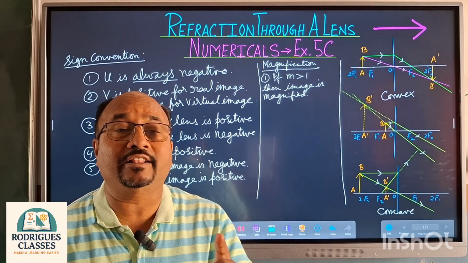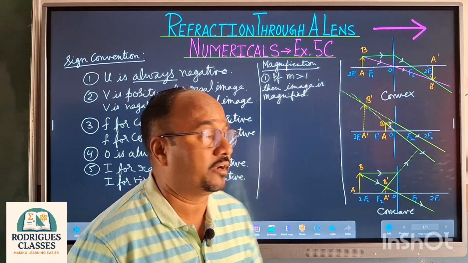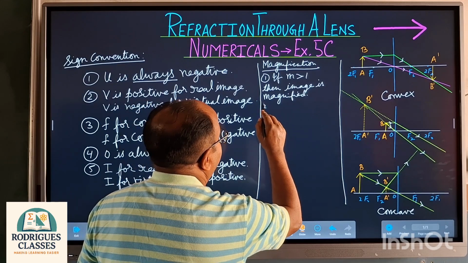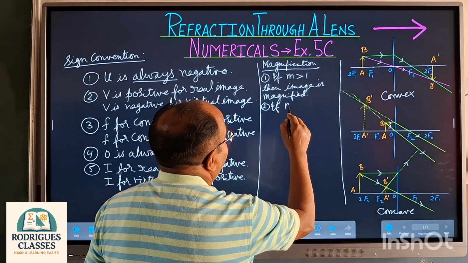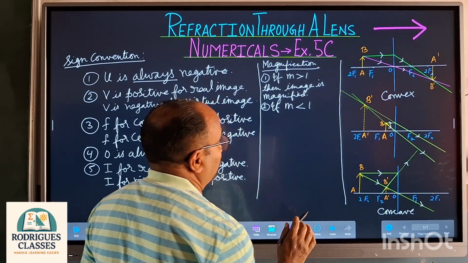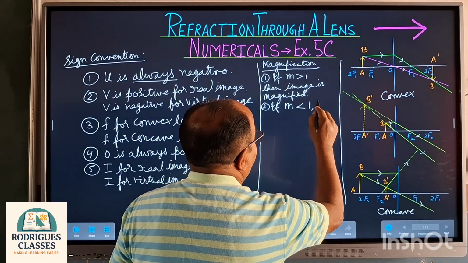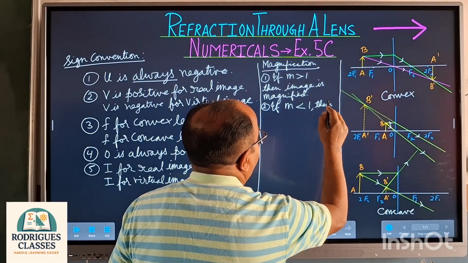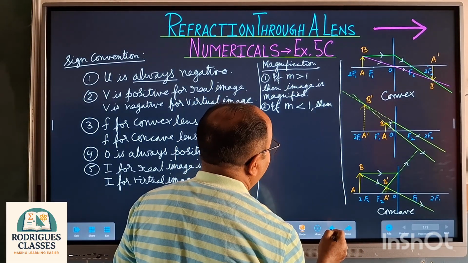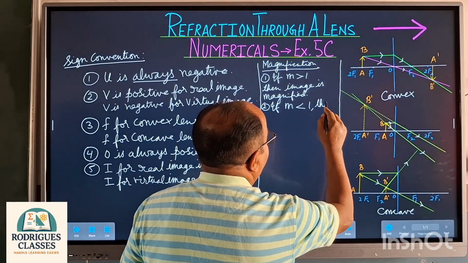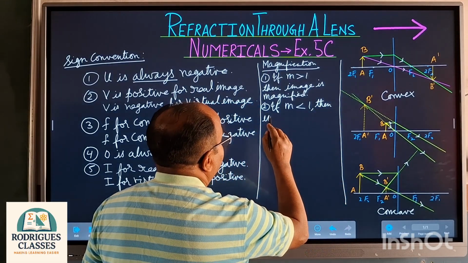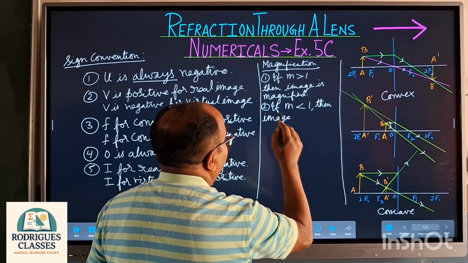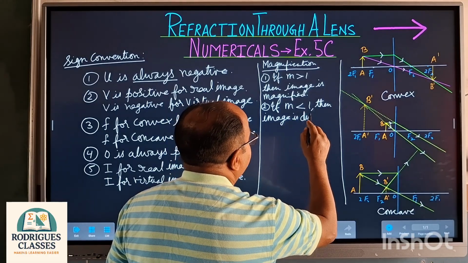So if m is greater than 1, it will be magnified. Second condition, if m is less than 1, then the image is diminished.